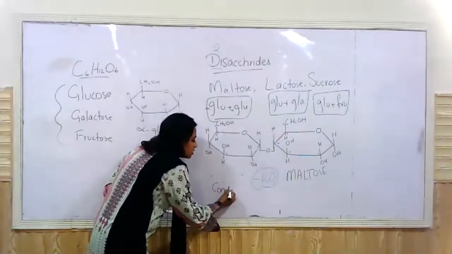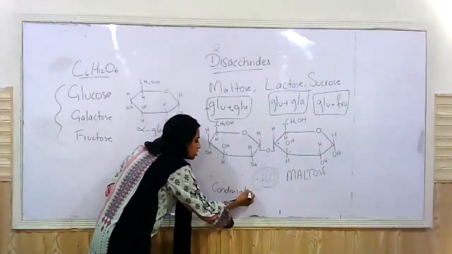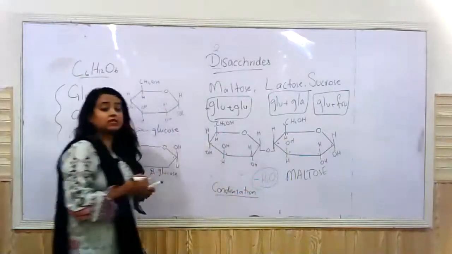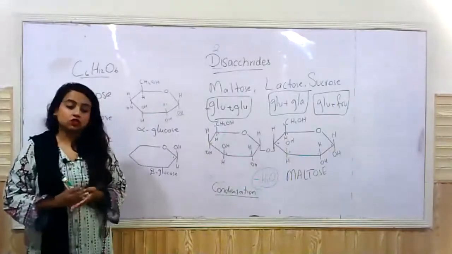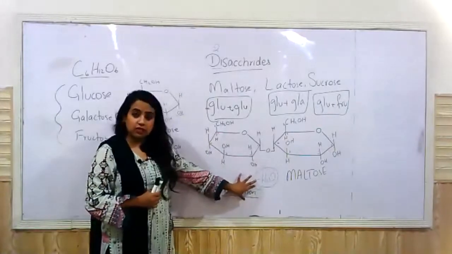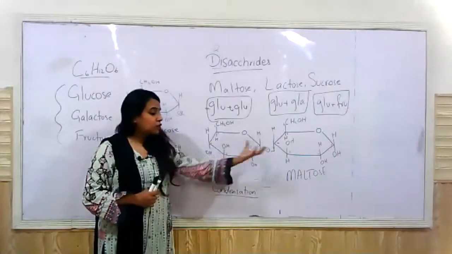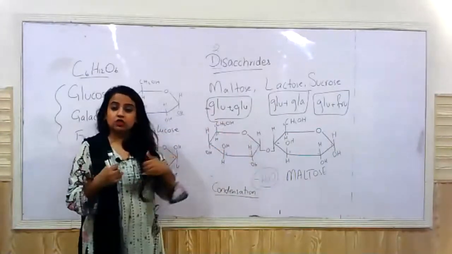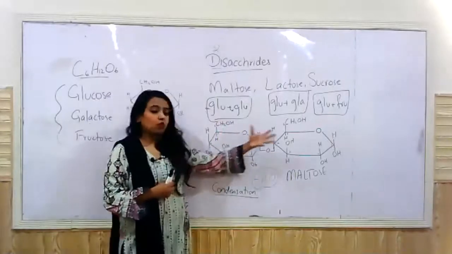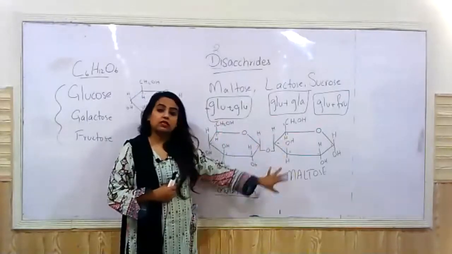Condensation. The removal of water molecule is called condensation. So condensation has taken place, right? Two ring structures of monosaccharides join together, giving rise to what? A disaccharide termed as maltose.